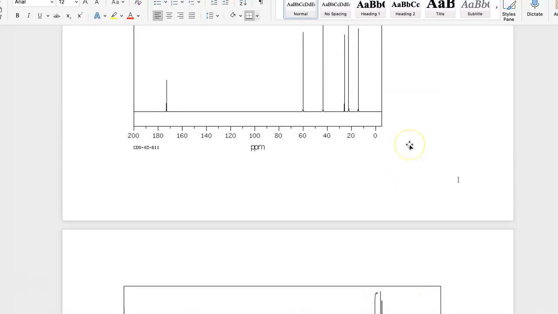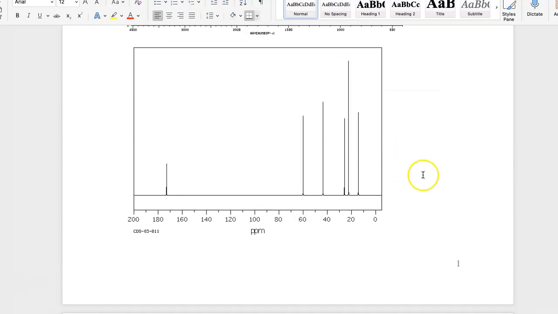Then we can also look at the CNMR spectrum, and we see 6 signals: 1, 2, 3, 4, 5, 6. And we're given a formula with 7 carbons. So what's the difference there?